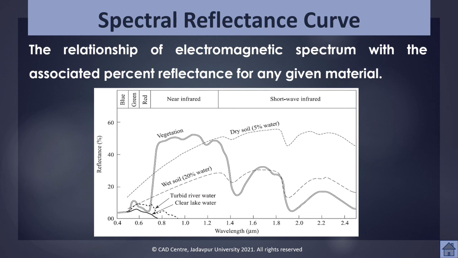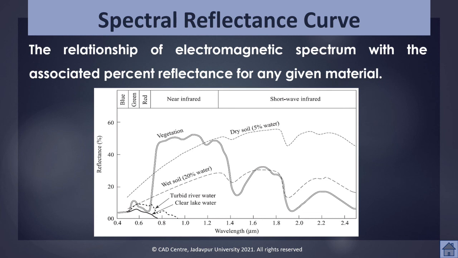The internal structure of healthy leaves acts as an excellent diffuse reflector, particularly in the region of the near infrared wavelengths. If our eyes were sensitive to the near infrared wavelengths, trees would appear extremely bright to us, as vegetation reflects a very high amount of energy in the infrared region.